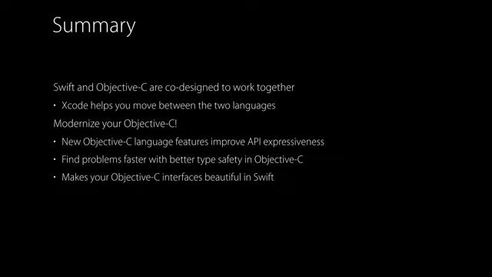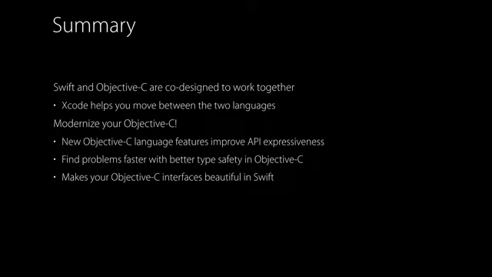Let's wrap things up. So we have big improvements for both Swift and Objective-C. These languages are co-designed and co-evolved to work together beautifully. And Xcode and the tools supporting it will help you move between the two languages in the best way for your workflow. We've rolled out a lot of great features for Objective-C.